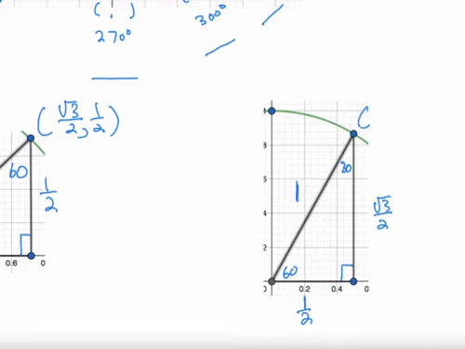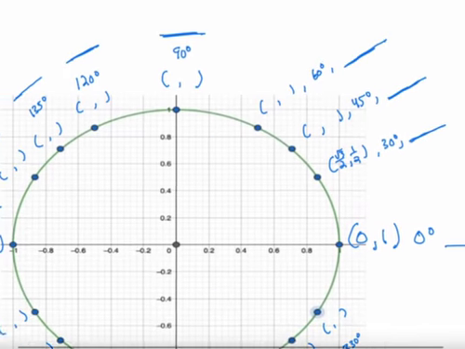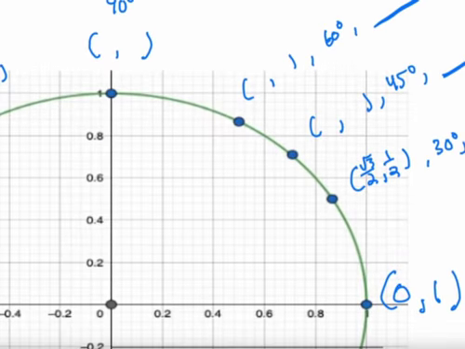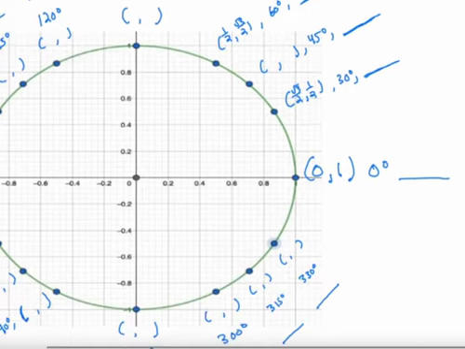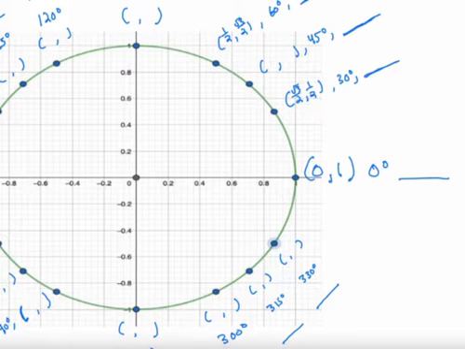That would give us 1/2, square root of 3 over 2 for those coordinates. Now we have filled in these coordinates at 30 degrees and 60 degrees.